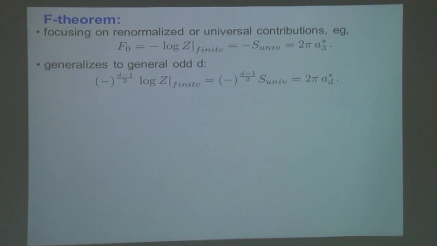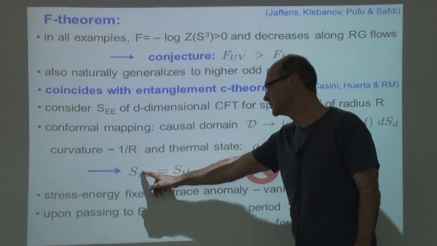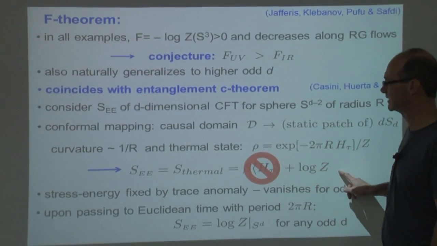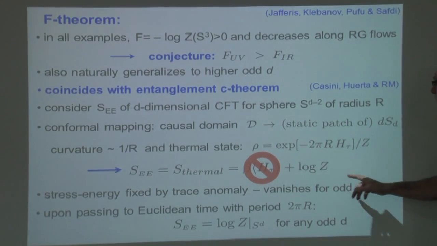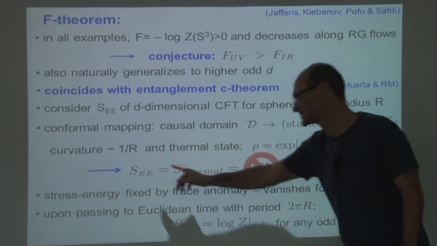A slight subtlety there is that I'm actually focusing my attention on the renormalized quantities, or the universal contributions. In fact, you might find divergences, well, you do find divergences here, but you also find divergences on this side. And if you think about it for a while, the divergences don't match.